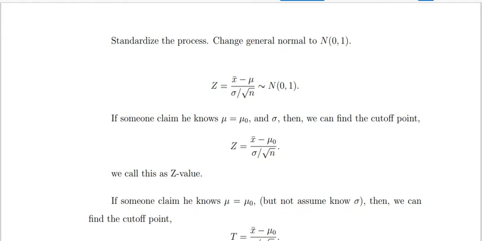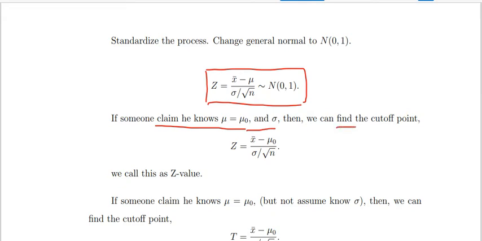If we know sigma, and some people claim mu equals mu 0, then we can find this cutoff point, which we call the z value.